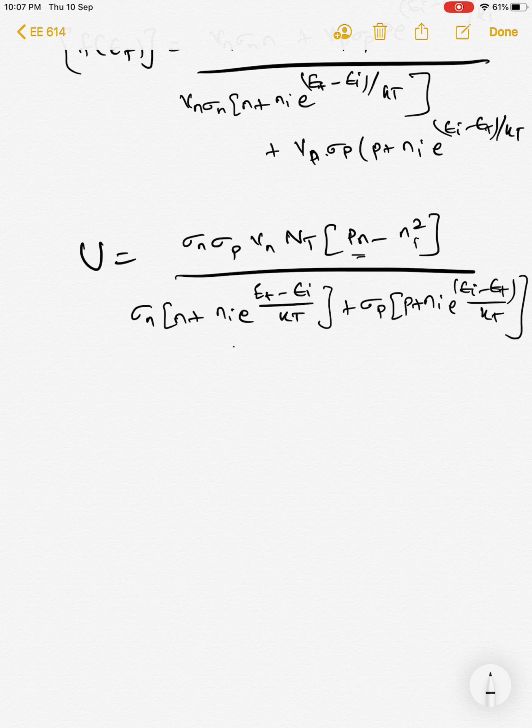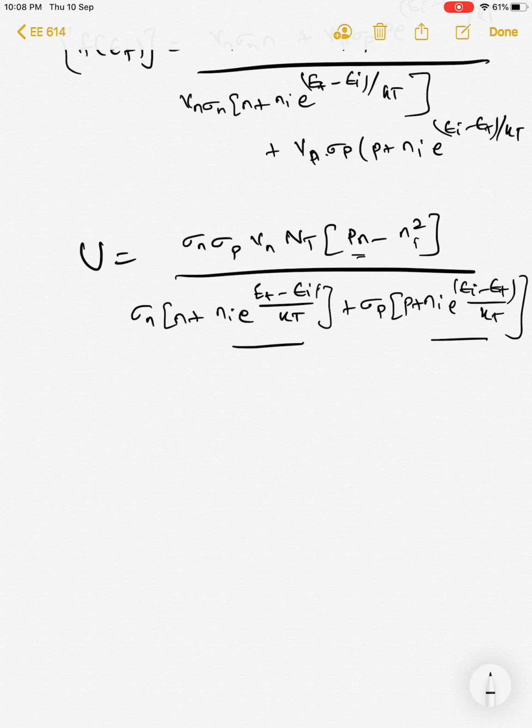These two terms tell us that the recombination rate is efficient if the trap site is as close as possible to the intrinsic level. Any deviation of the trap site energy from the intrinsic energy will increase the denominator and hence reduce the trap associated recombination rate, which is true for both electron and hole.